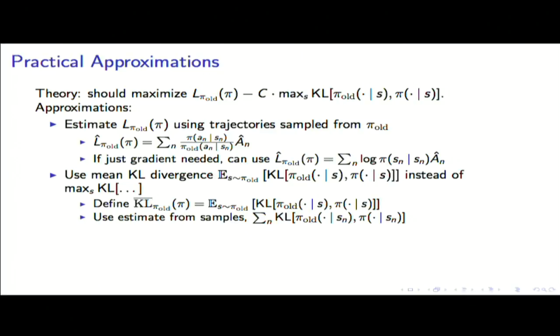So this is just saying we look at all the states, and we look at the KL divergence between the old policy and the new policy at these states, and we take that expectation. And we're going to do a sample-based estimator of this KL divergence.